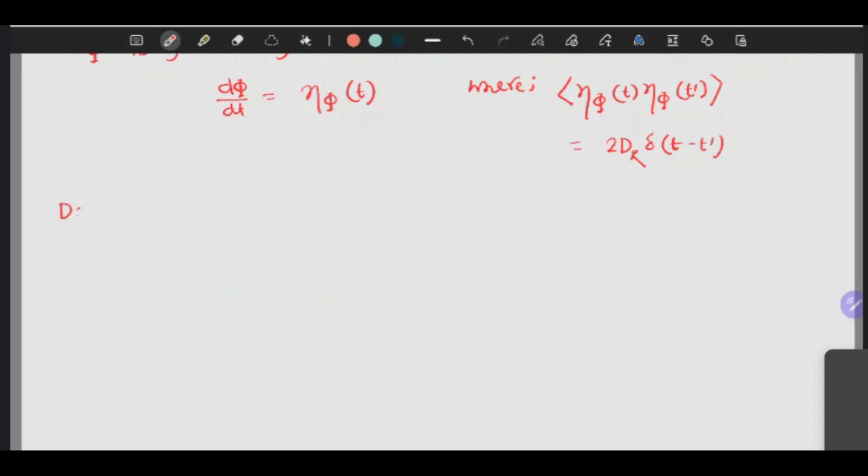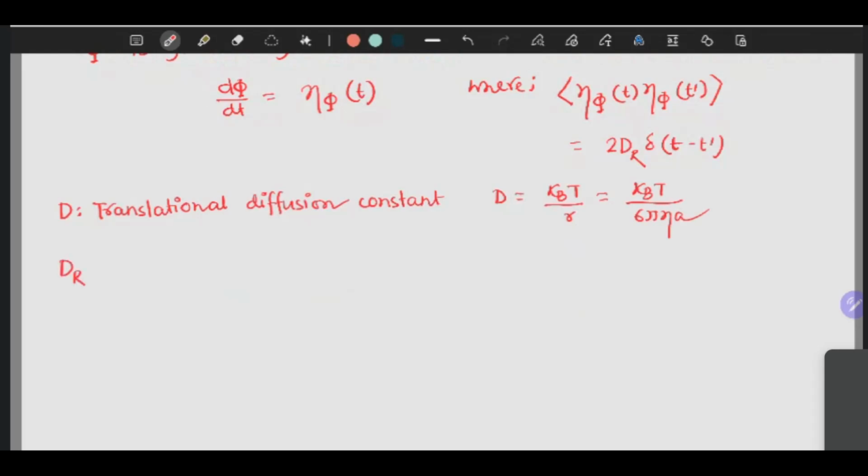Here D is the translational diffusion constant, given by D = k_B T/gamma, which is k_B T/(6 pi eta a), where a is the radius of the particle, and D_r is the rotational diffusion constant, which is k_B T/(8 pi eta a^3).